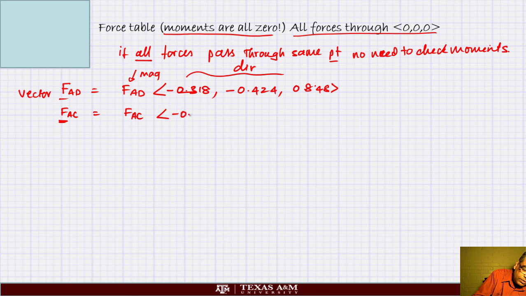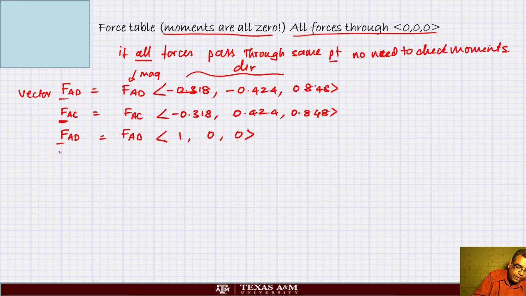The next one is minus 0.318, 0.424, 0.848, and then FAD equals FAD unknown times 1, 0, 0, and then W equals 1 pound times 0, 0, minus 1, sorry. It's in the Z direction.